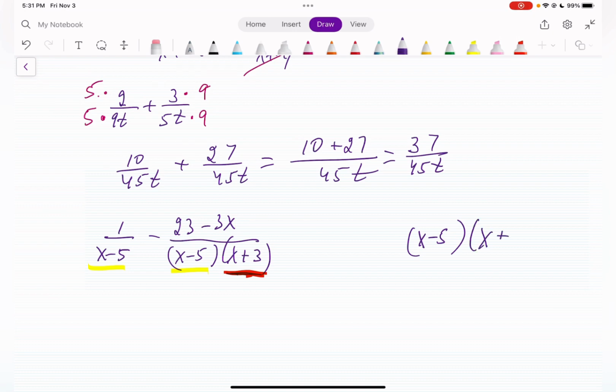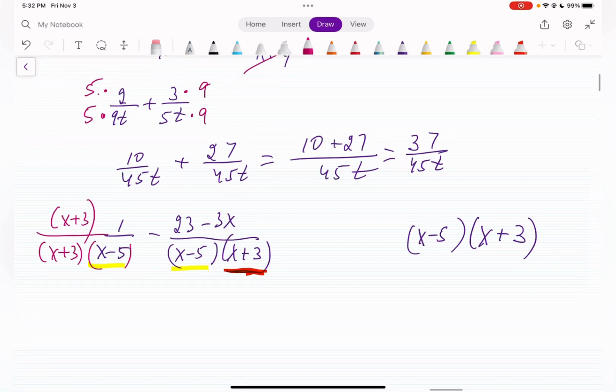The denominator has to have all elements all fractions have. So in this case, it's going to be x minus 5 and x plus 3. So what I'm going to do next, I have x minus 5, so I need to multiply by x plus 3, right? And the same thing here, x plus 3. Here I have both x minus 5 and x plus 3, so I'm not touching anything.